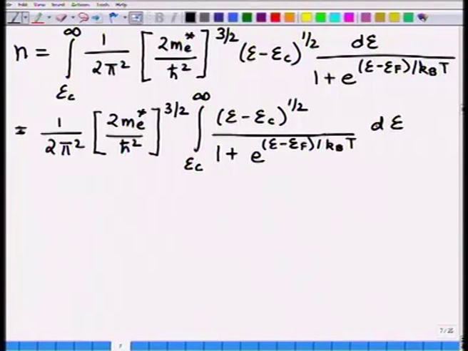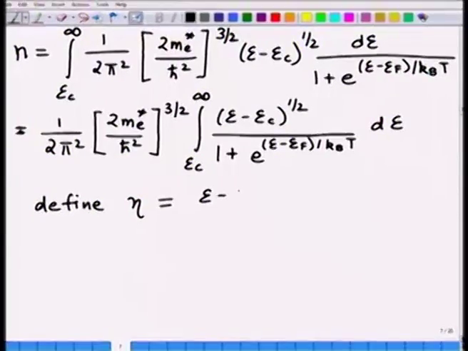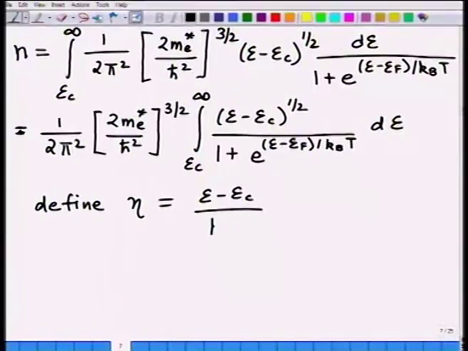This is the quantity I want to integrate. There is no analytical solution for it. So, let us use some definitions first. We are going to define a quantity called eta, which is equal to E minus EC by KBT.